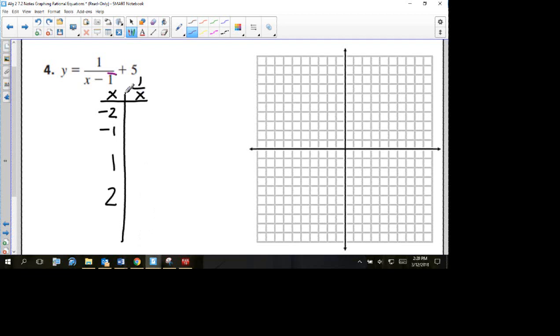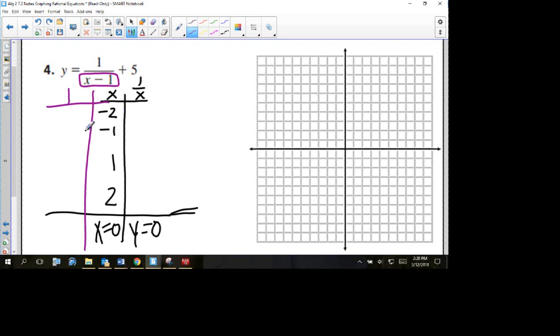And then what does the minus 1 at the bottom tell us to do? Remember x equals 0, y equals 0. What's the minus 1 at the bottom tell us to do? Let's translate right. So we add 1 to our x's.